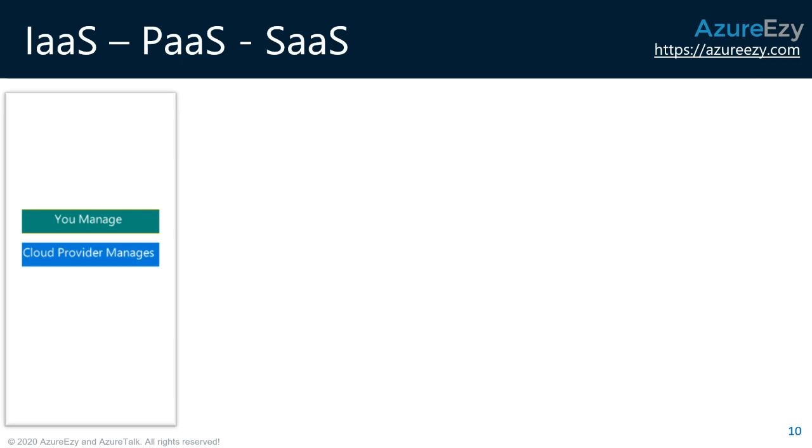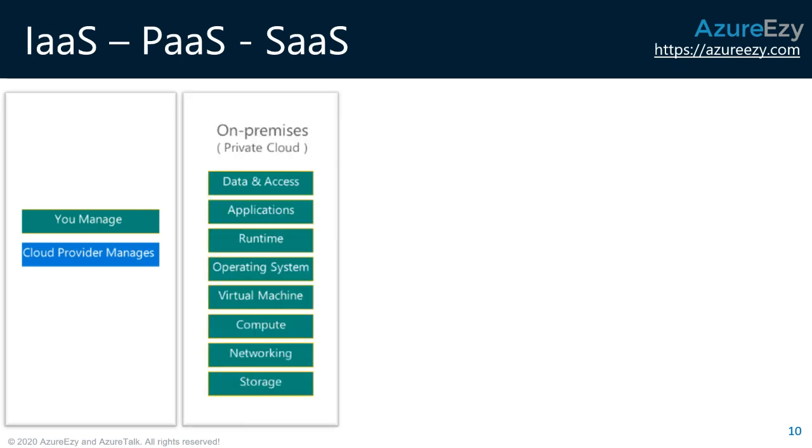Before cloud, we were already using various services provided by the IT infrastructure team of our organization, and that is called on premises. On-premises workloads are also going through transformation, and we will talk about what exactly private cloud is. But if you are handling everything, then it is on premises.